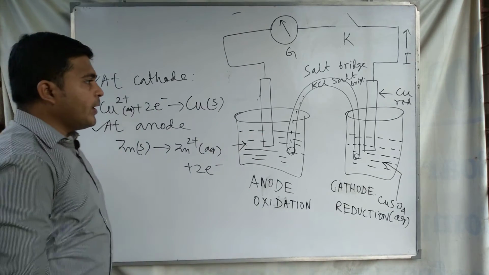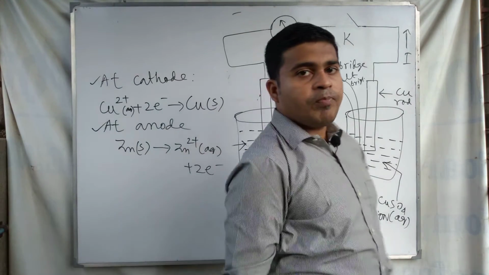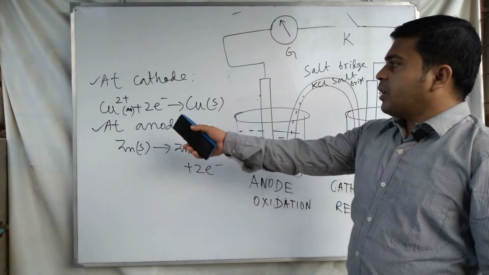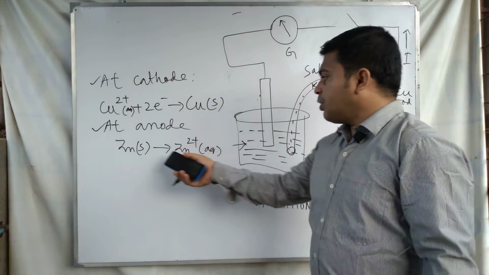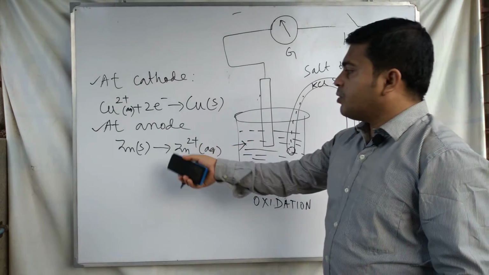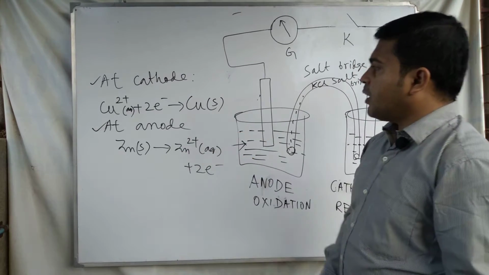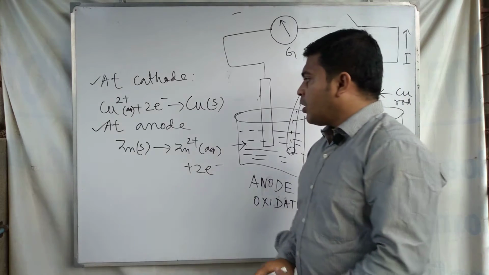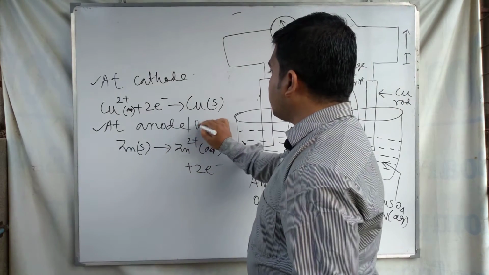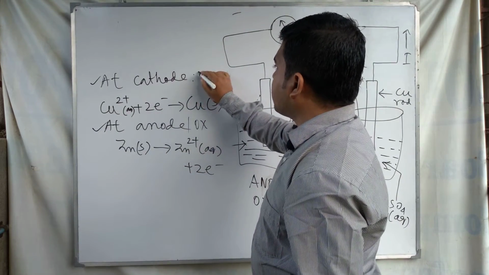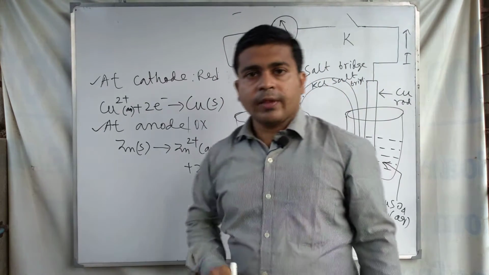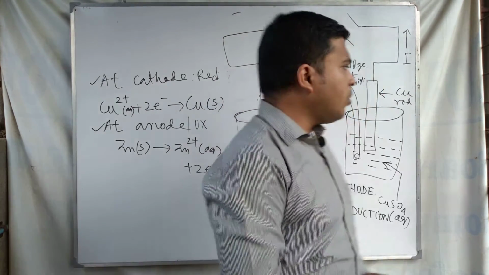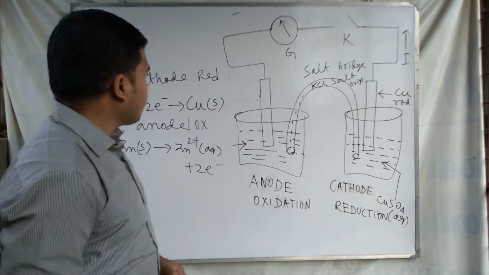For this Daniell cell or galvanic cell, copper 2 plus changes to copper and zinc is changing into zinc 2 plus. Oxidation takes place at the anode, and reduction takes place at the cathode.